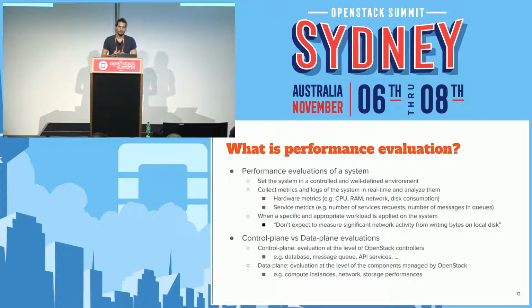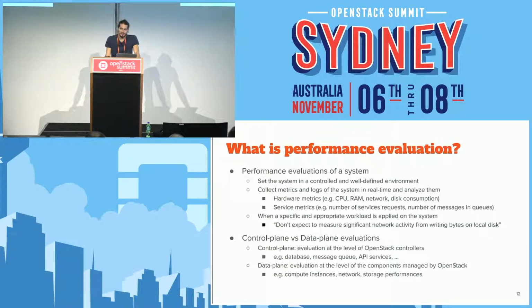It can be CPU, RAM, and disk consumption, but also service-specific metrics like the number of requests made on the database or the number of messages in the message queues. And you want to collect these metrics while you perform a specific and appropriate workload on your system.